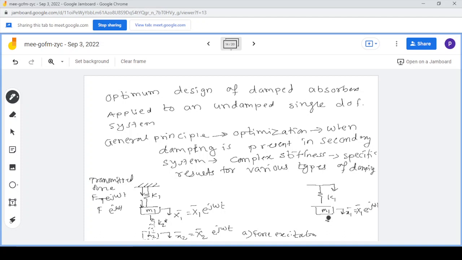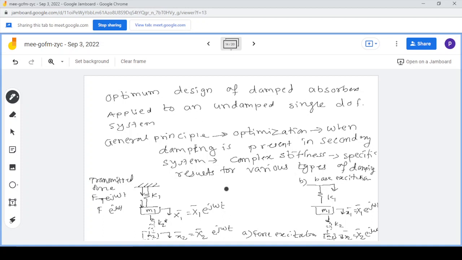Right. Then again this is K2. This is M2, and here X2 is equal to X2 bar e raised to j omega t. This is a case of base excitation, right?